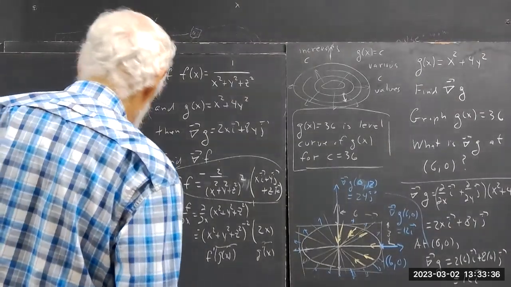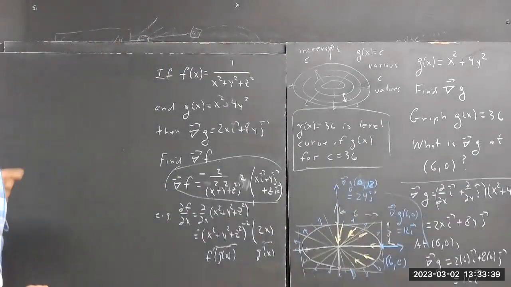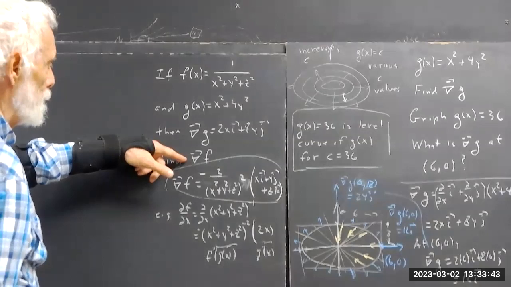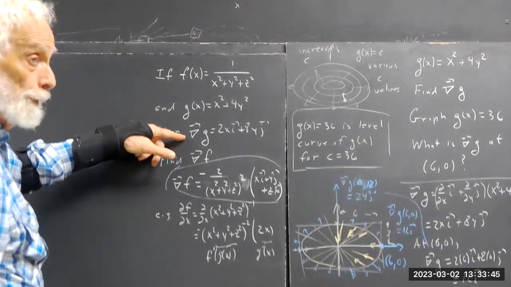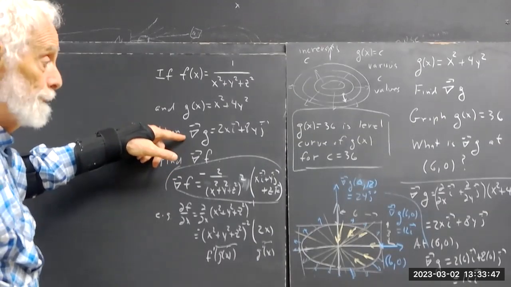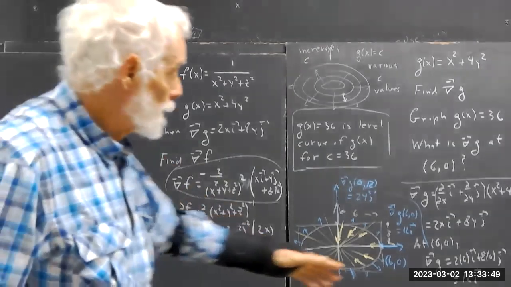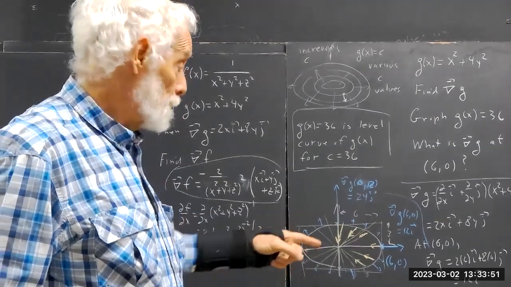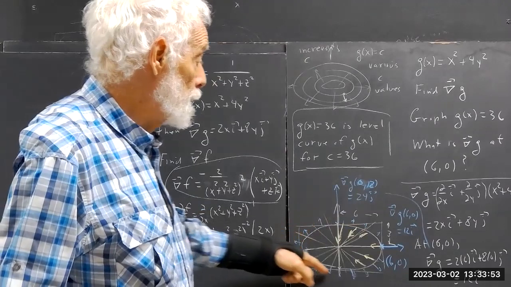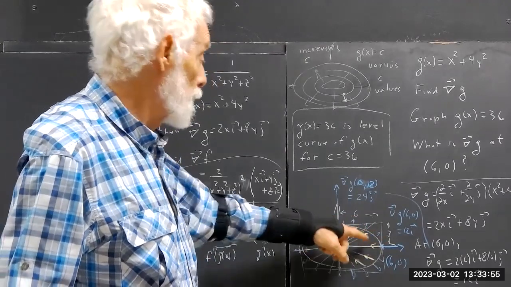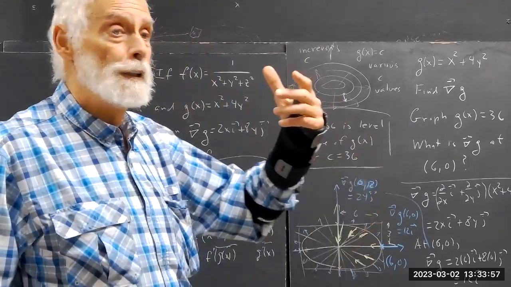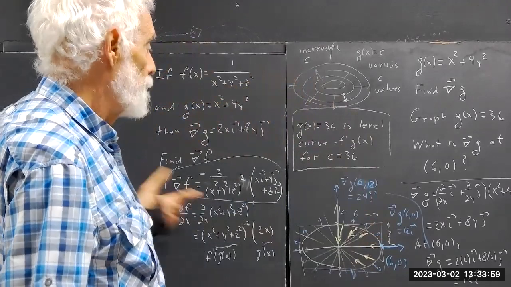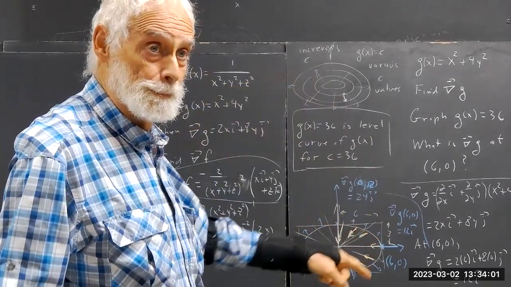Now, the thing we really have to deal with here is: where is the gradient of f parallel to the gradient of g? I remember, in terms of this example, we're trying to find the maximum value of f on this level curve.